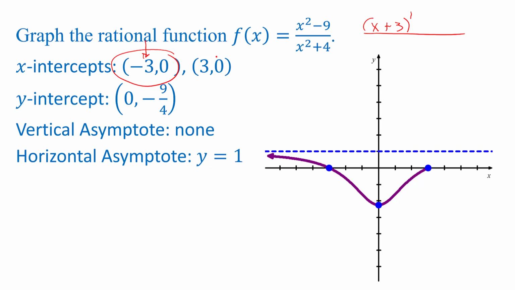At (3, 0), the 3 came from the factor in the numerator of x minus 3, raised to an odd power of 1. And so we can see that the graph again will cross the x-axis at x equals 3. And both going to the left and going to the right, you can see that we're approaching the horizontal asymptote. So here we have the graph of a rational function that does not have any vertical asymptotes.